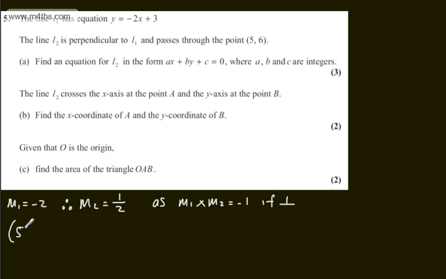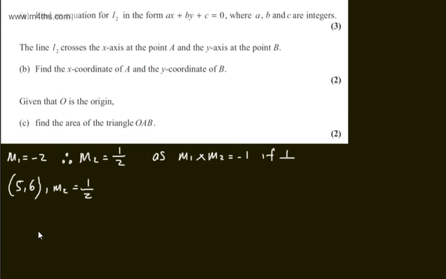So I've got my point that it goes through, (5, 6), and I have now M2, which is 1/2. I'm simply going to sub these values into the equation of a straight line and put it in the form ax plus by plus c equals 0. Using y minus y1 is equal to m, the gradient, multiplied by x minus x1, we'll have y minus 6 is equal to 1/2 multiplied by x minus 5.